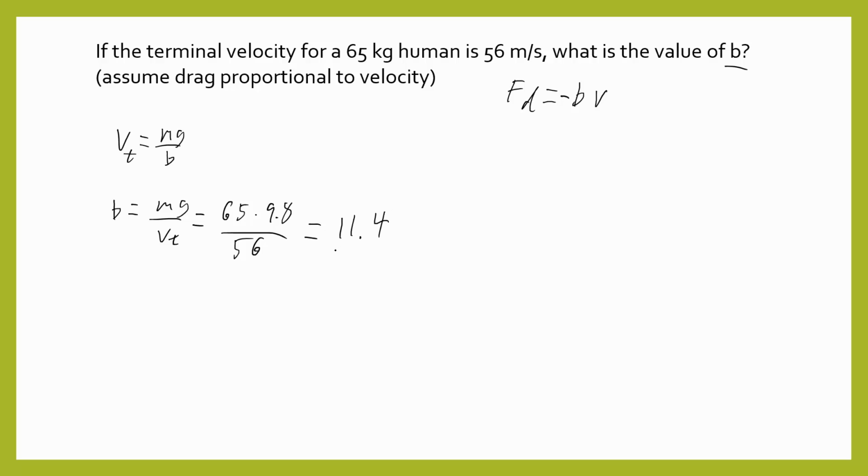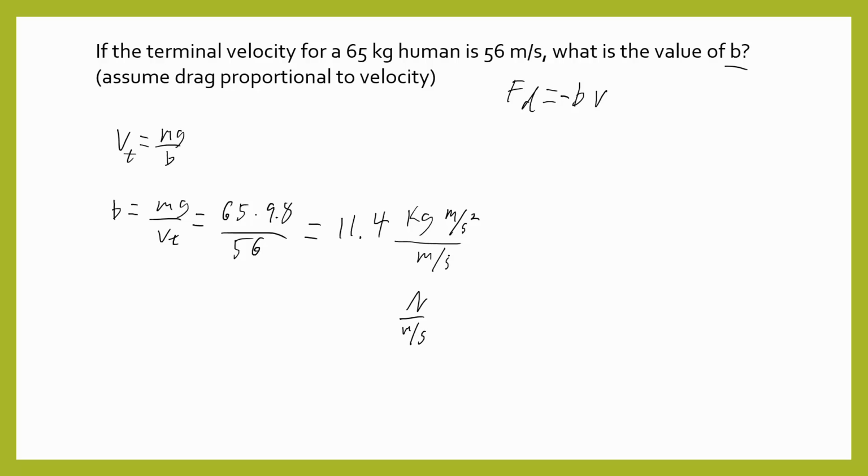The units of b are something good to talk about. If you look at what quantities we put in here, that's going to be kilograms for the mass. g is an acceleration, so that's meters per second squared, and then this is velocity, so that's meters per second. That's kind of ugly. We can simplify this a bit. A kilogram meter per second squared is a newton, so you could simplify this to newtons per meters per second.